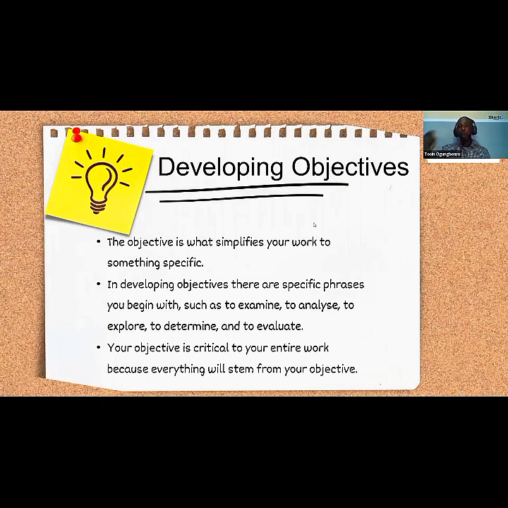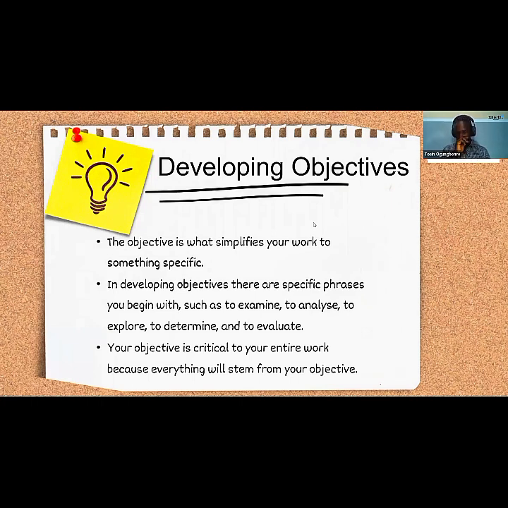But if you are using quantitative, you use something like "to analyze, to examine, to determine, to evaluate." Generally, you use phrases like to examine, to analyze, to explore, to determine, to evaluate. That's what you start your objective with. You don't start it anyhow.